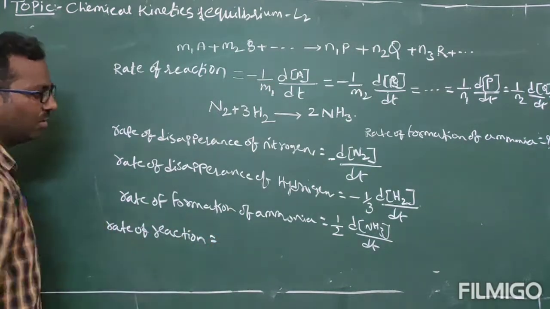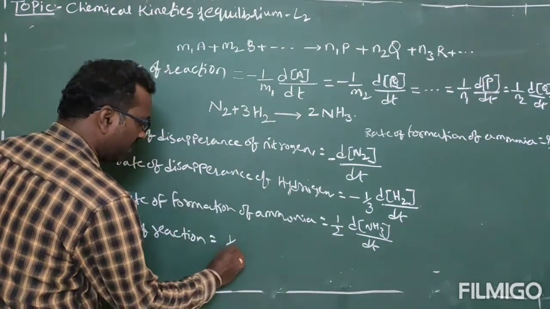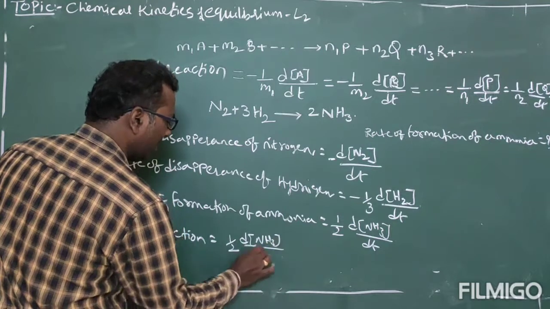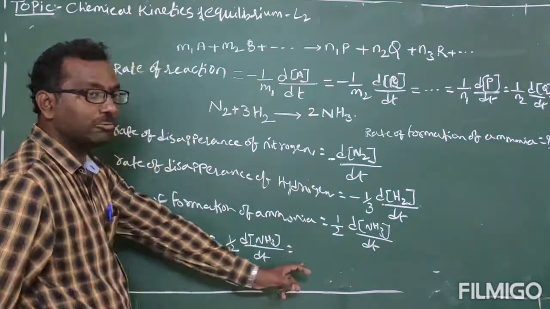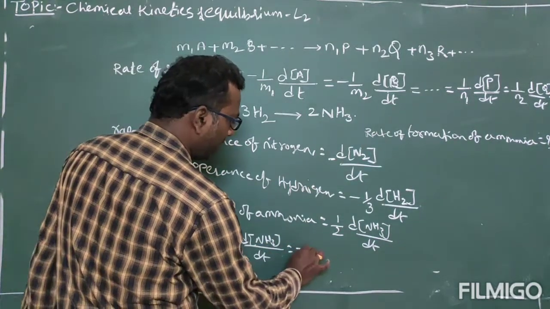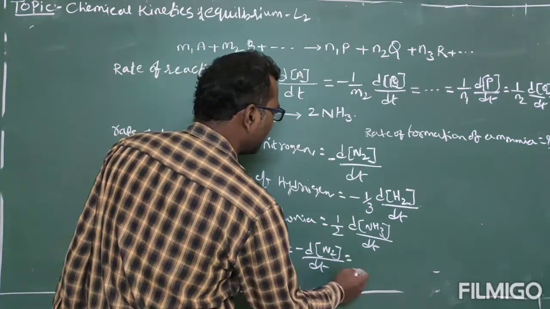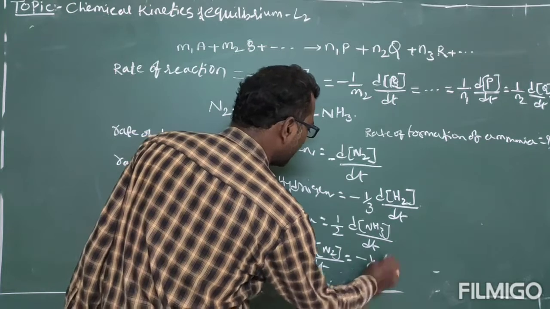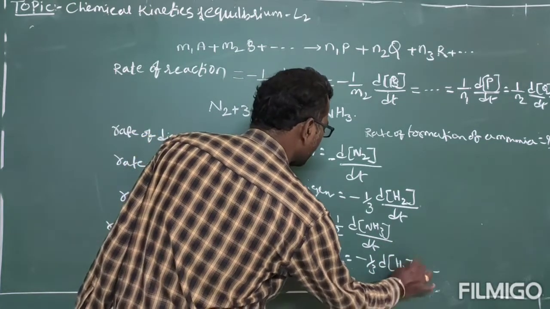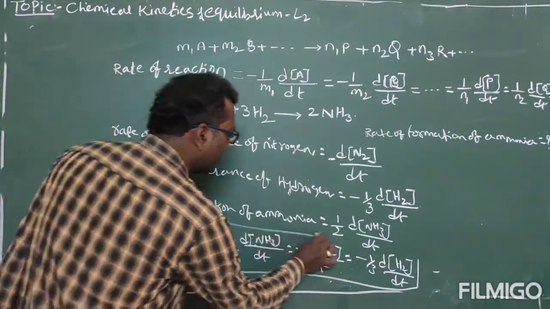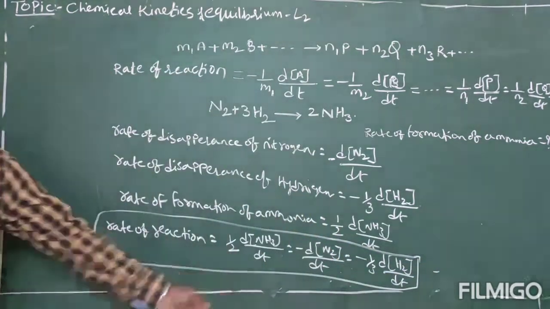We can write, first, the product: 1 by 2 d of NH3 by dt is equal to minus dN2 by dt, it is equal to minus 1 by 3 d of H2 by dt. So this total is the rate of reaction relation.